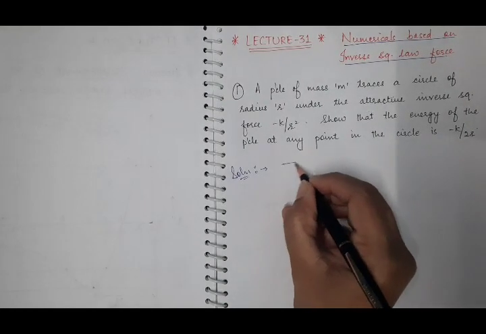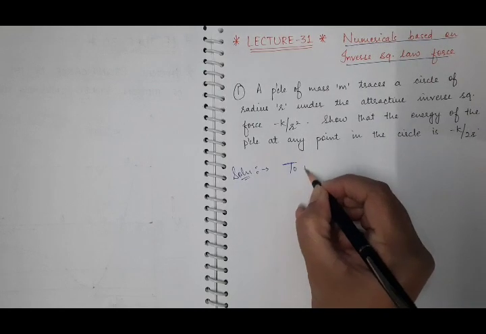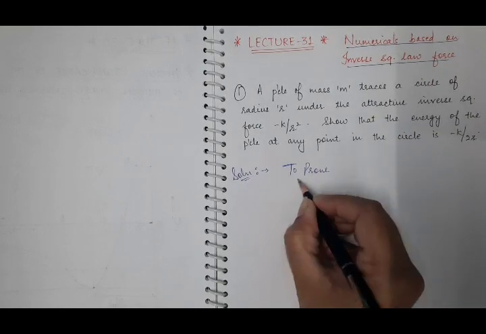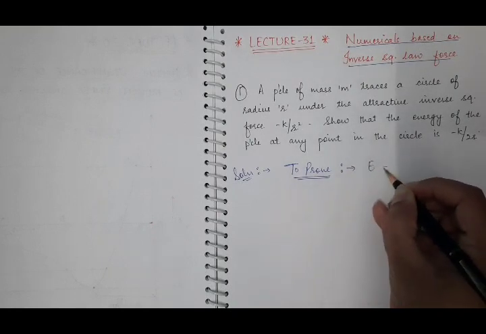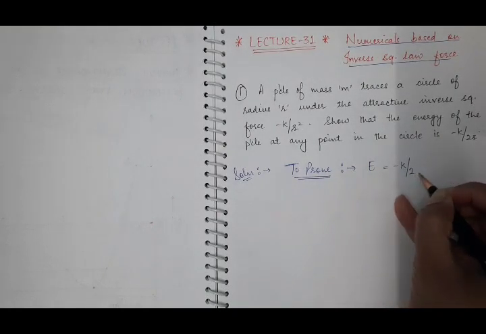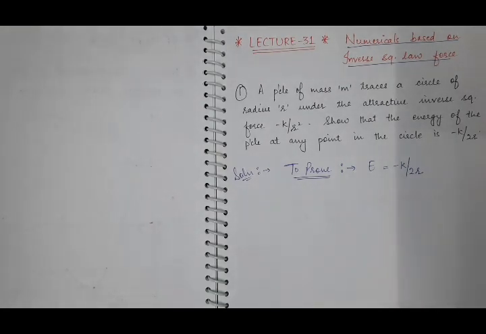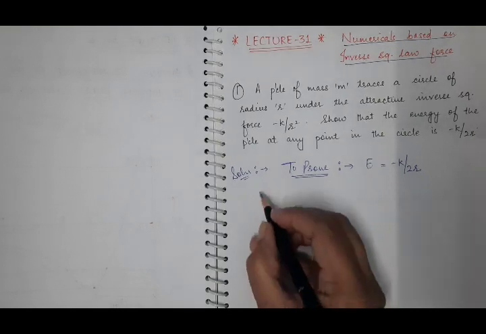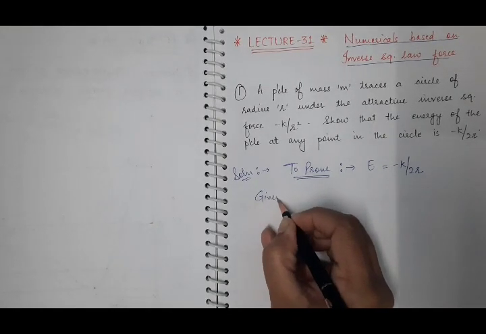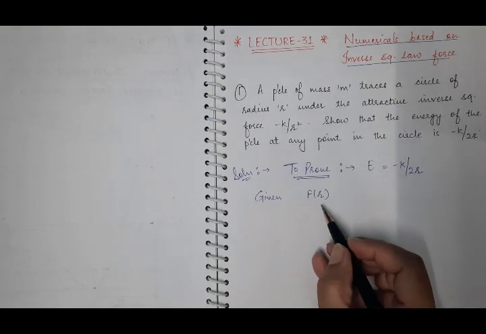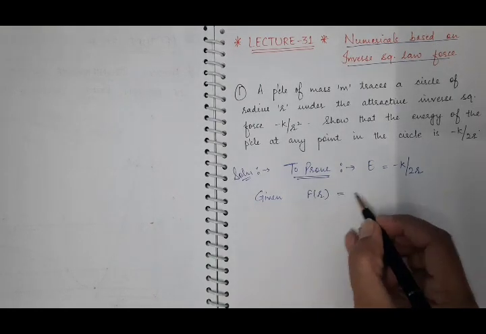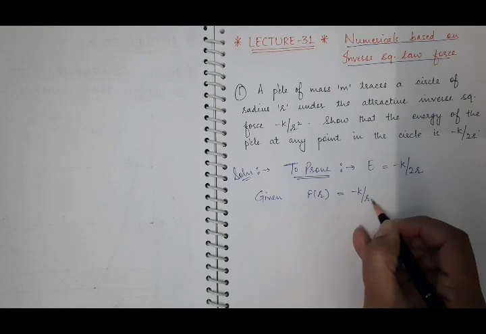So, to prove, we have to prove that total energy E is equal to minus k by 2r. And we have given the particle is moving under the attractive inverse square force, that is f of r is equal to minus k by r square.